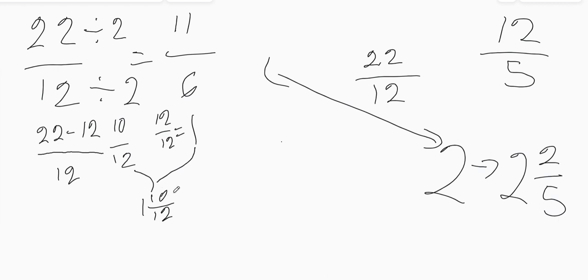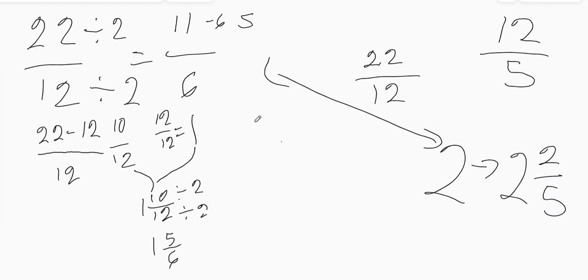Now you can still reduce this by dividing it by 2. And you would have 1 and 5 over 6. Now, with your 11 over 6, you can't reduce that any lower. However, if you took the 6 out over here, you would have 5, right?